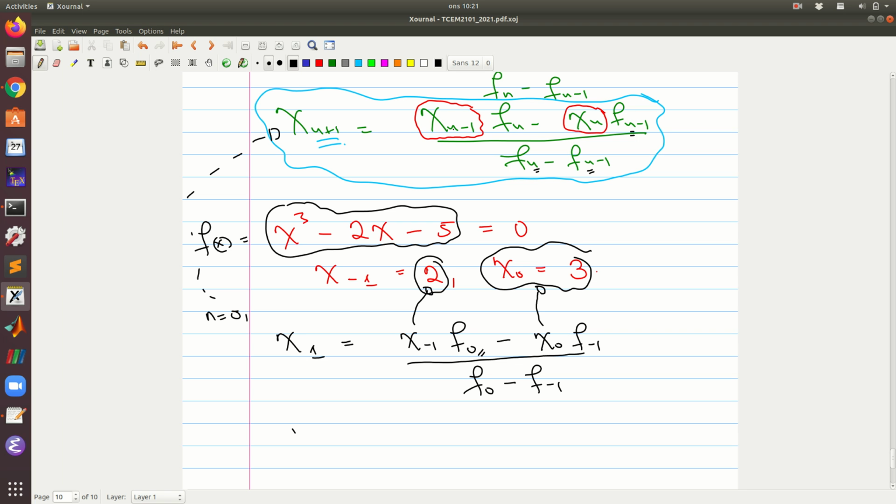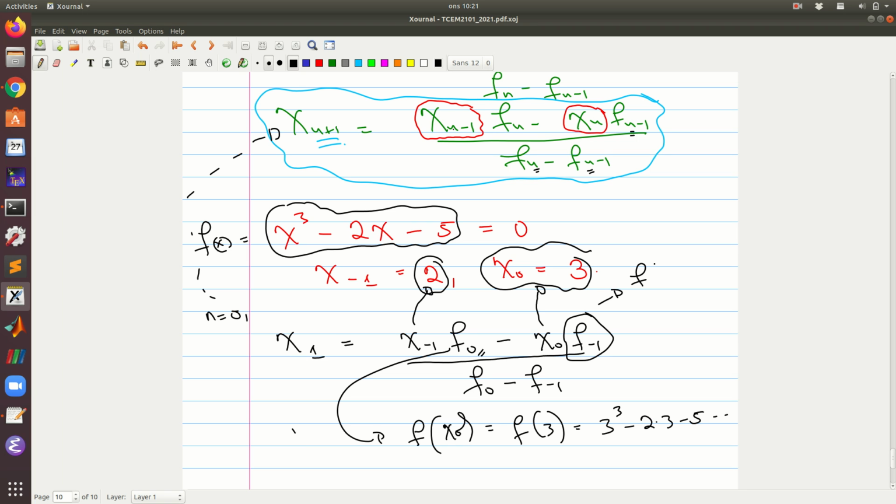How do we compute f0? F0 is simply f of x naught, which is equal to f of 3, which is equal to 3 cubed minus 2 times 3 minus 5. And then f negative 1, what is f negative 1?